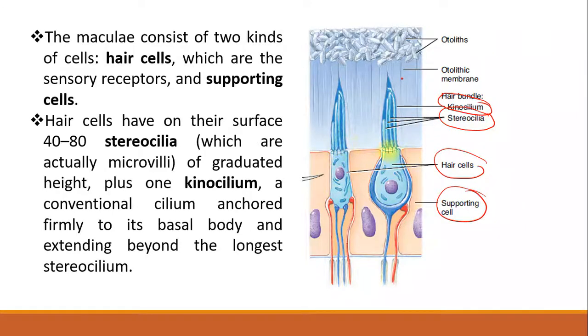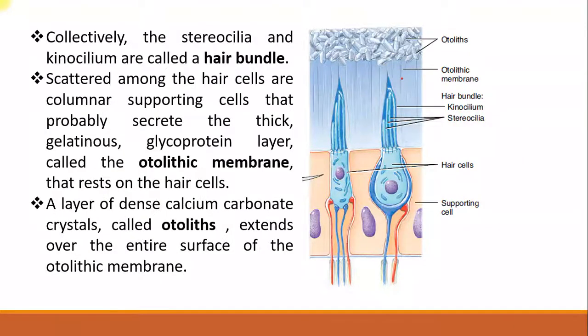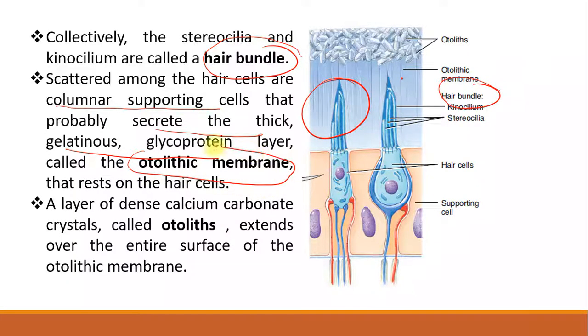This entire part is the macula. Collectively, the stereocilia and kinocilium are called the hair bundle. Scattered among the hair cells are columnar supporting cells that probably secrete the thick gelatinous glycoprotein layer called the otolithic membrane.